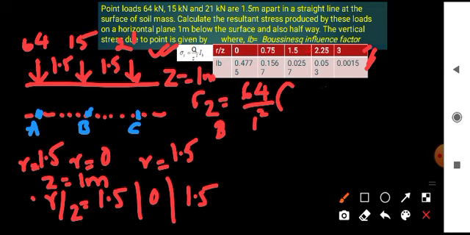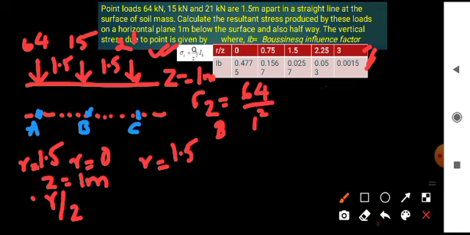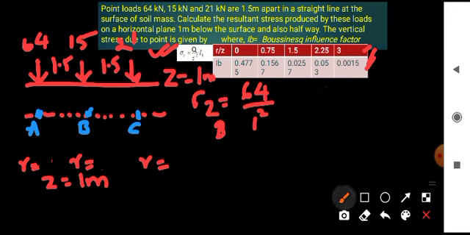Now when we take up the r value for this particular condition, just see here. Since we are talking about sigma ZC, the r value is going to be 3 meter from here.